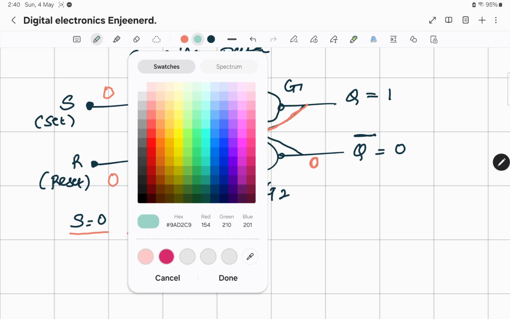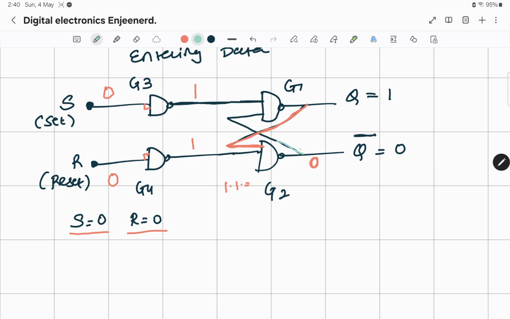This 0 travels back into this NAND gate. I am having 1 here and a 0 here, the blue one. 1 into 0 is 0, but NAND will do the reverse and give me a 1. Which means whatever was the previous state remains the same when you apply S equal to 0 and R equal to 0.